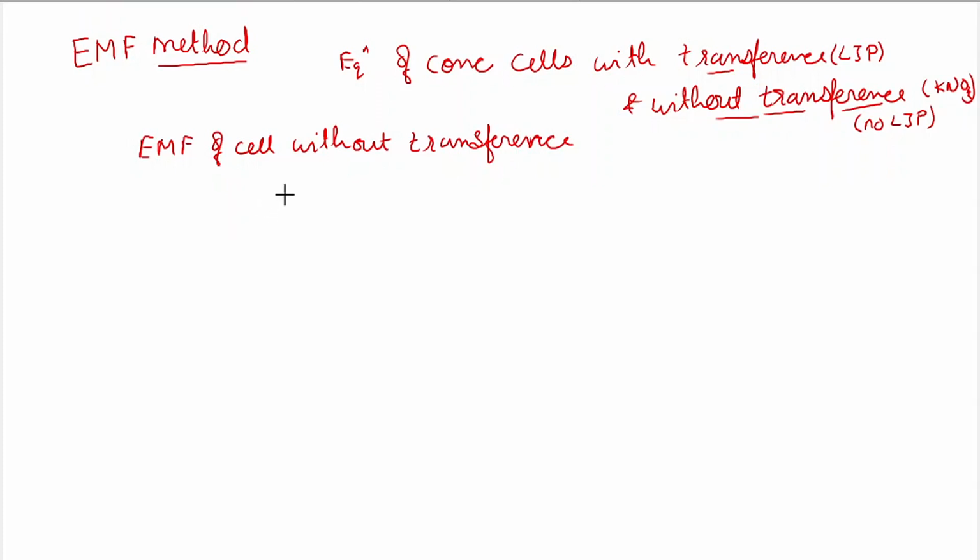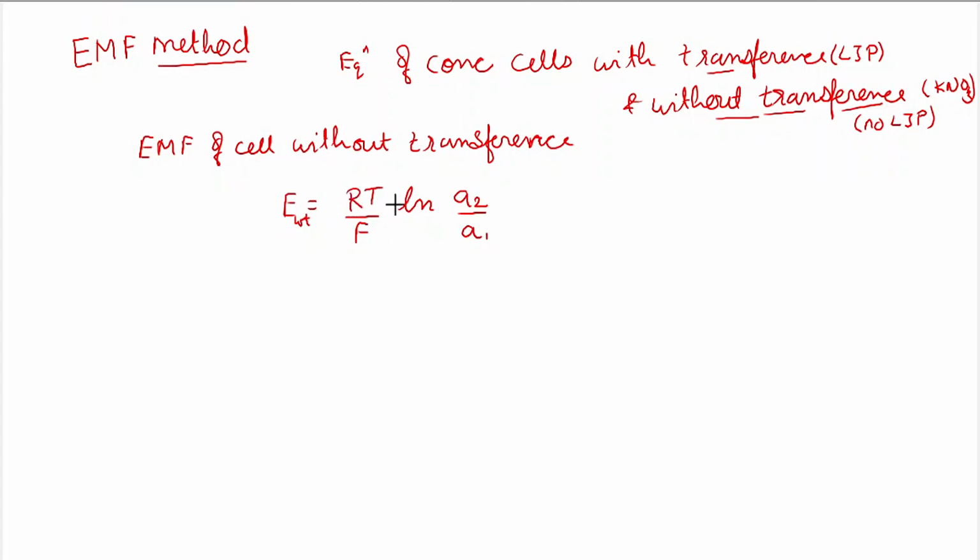The equation will be E = RT/F ln(A2/A1). This is the EMF of the cell without transference. There are several forms, and this is one of the simplest.